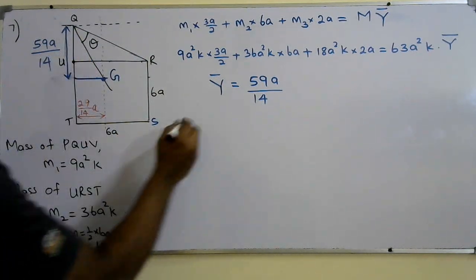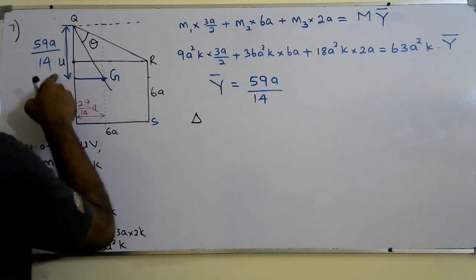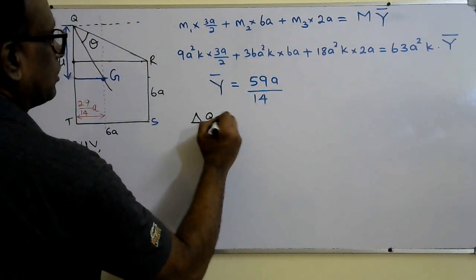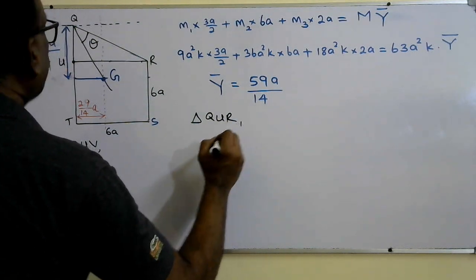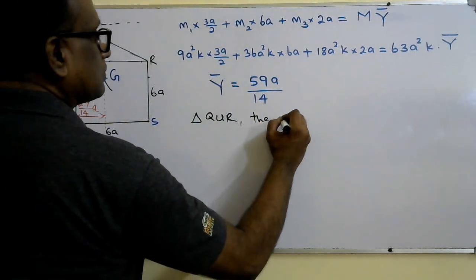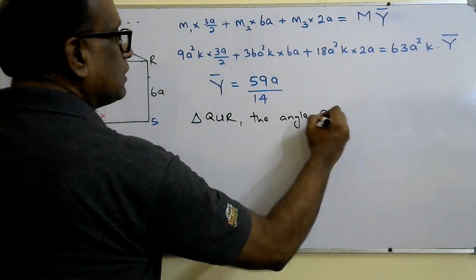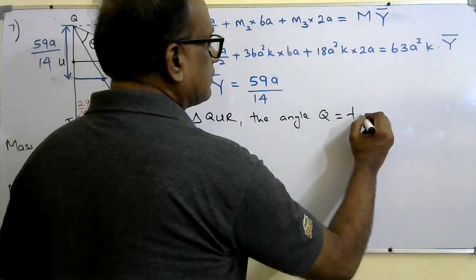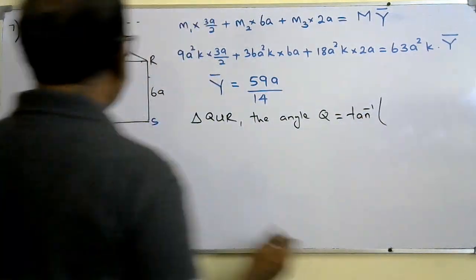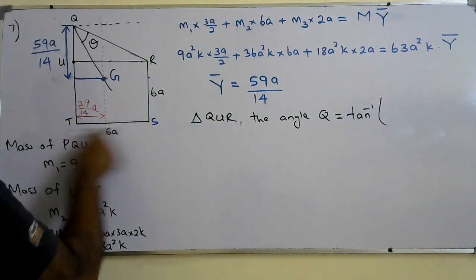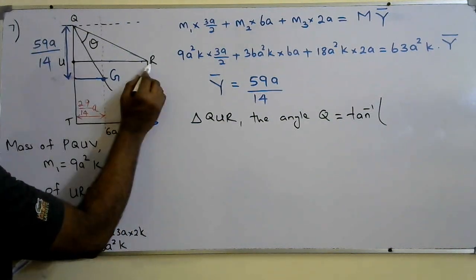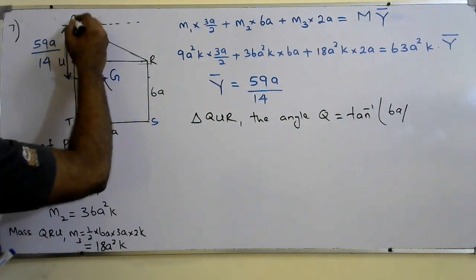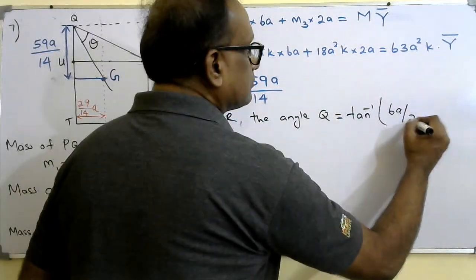So in the triangle UQR, or QUR, the angle Q is equal to tan inverse UR, that is 6A, this length, 6A over QU 2A.